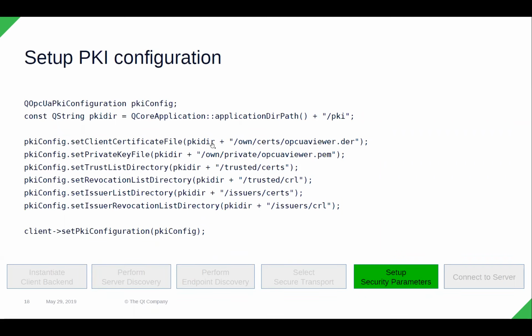And relative to that directory, I have the certificate file, the private key file, and then directories for the trusted certificates and so on. This code is actually taken from our OPC viewer example, which is included in the source code. When I've set all the parameters up, I can transfer the PKI config to the client to use it.